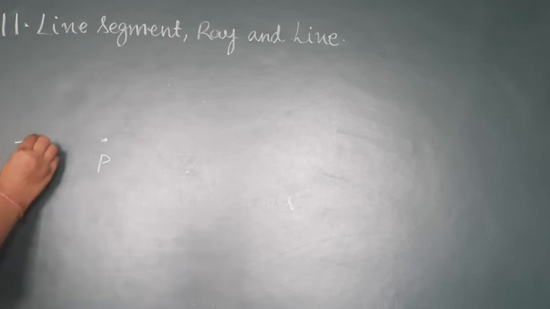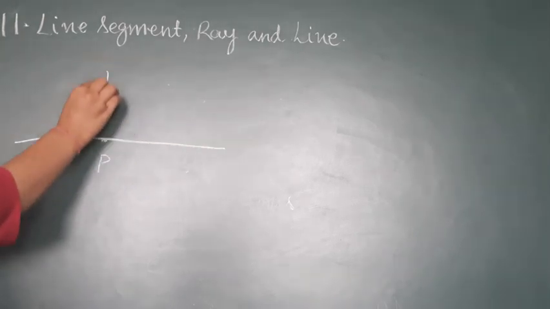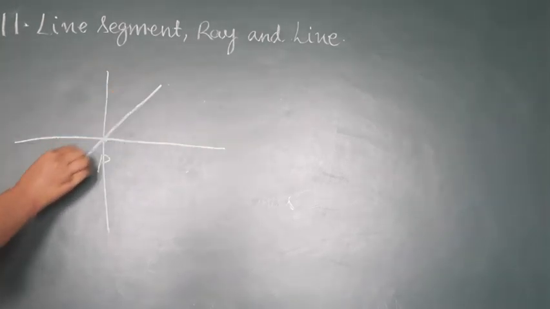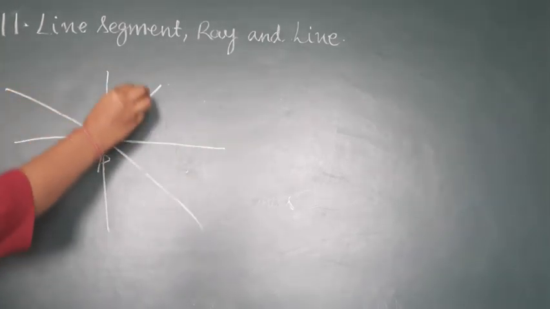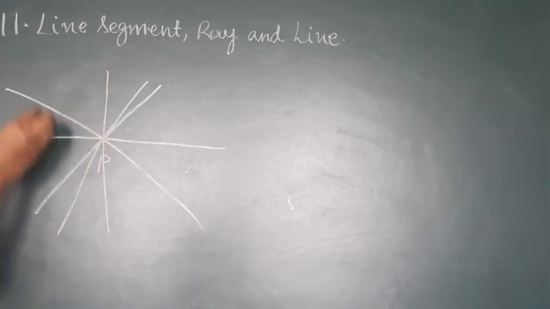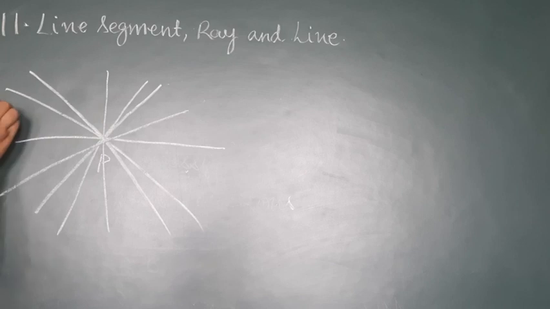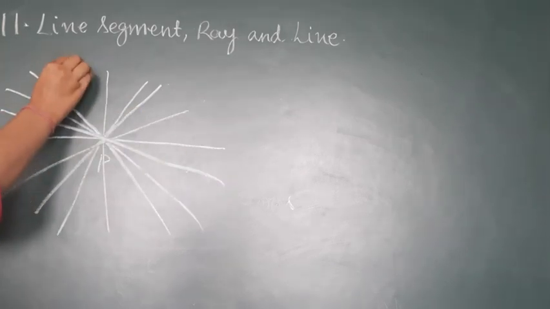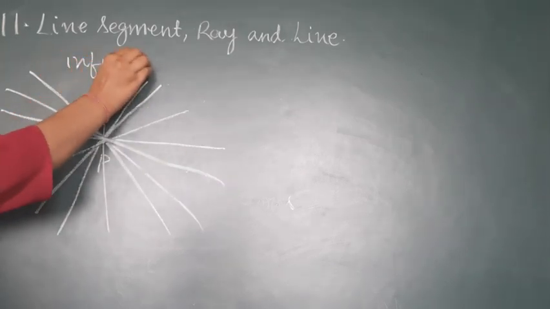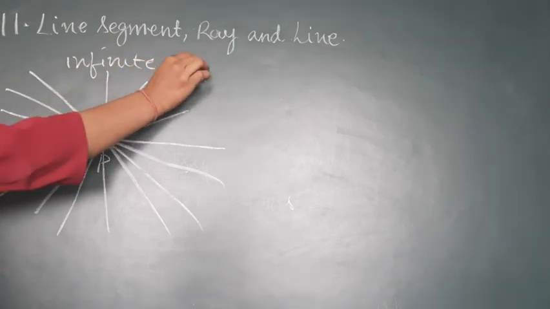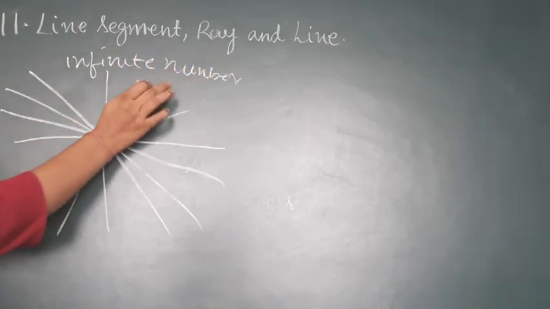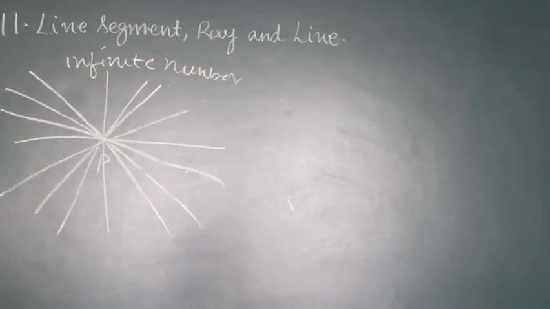Yes, students, an infinite number of lines can pass through a particular point. It is not countable how many lines can pass through this point. Infinite number of lines can pass through a point.